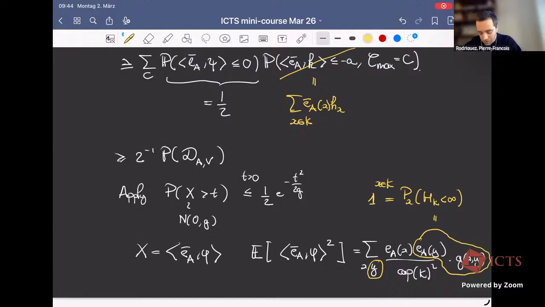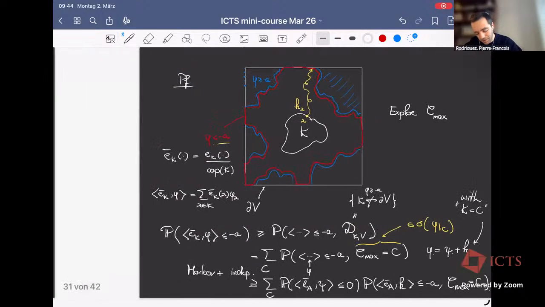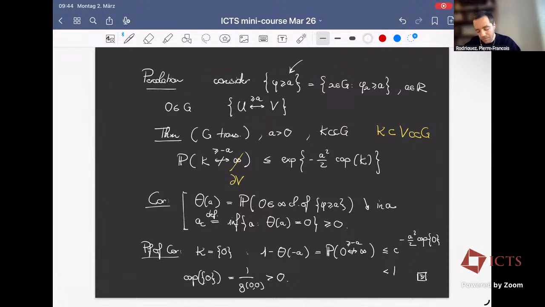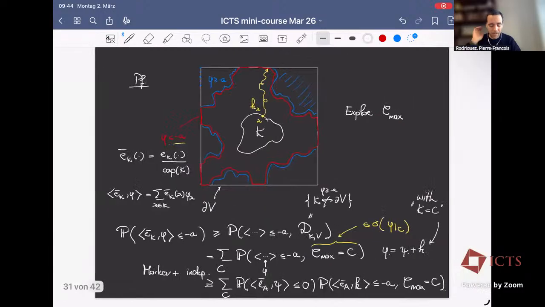So the yellow stuff just goes away. Then you sum e_A of x over x. This gives you the capacity, and you have a capacity squared in the denominator. So this is just cap K inverse, which sits here in the denominator, so it actually appears multiplicatively in this theorem.